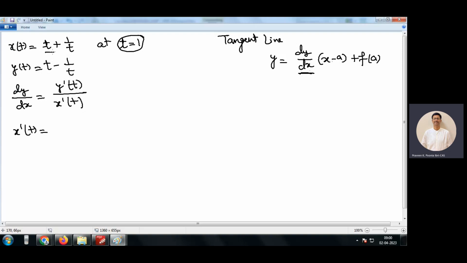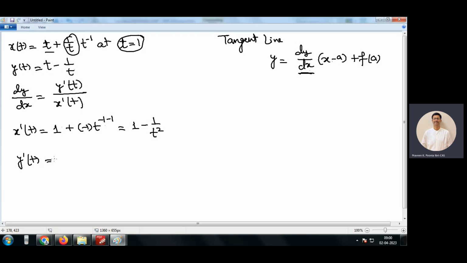What is the derivative of t? It is 1. What is the derivative of 1 upon t? We can shift it upside, so it will be minus 1 times t power minus 1 minus 1. If you simplify this, it will be 1 minus 1 upon t squared. This is the derivative of x with respect to t.